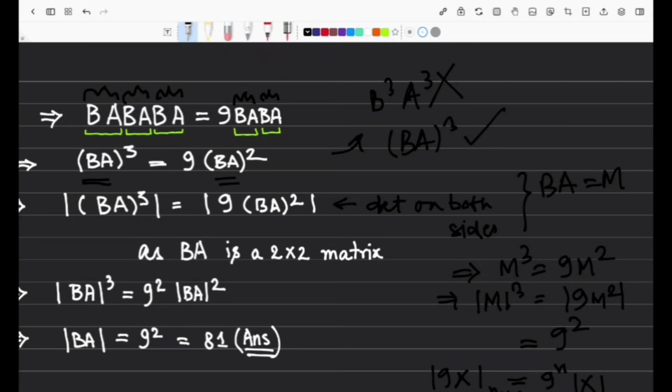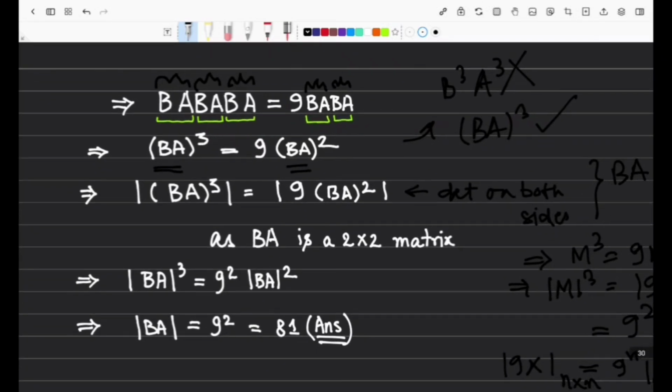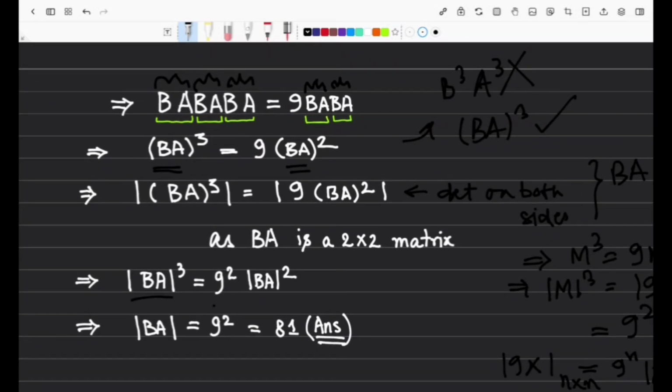So as it is a 2 cross 2 matrix here, the value of n becomes 2, right? And you take the determinant of M multiplied with it. I have just made that one clear in the next step. So now what I can do is, as it is given to us that determinant of BA is not equal to 0, I can cut this and I can cut this one also, right?